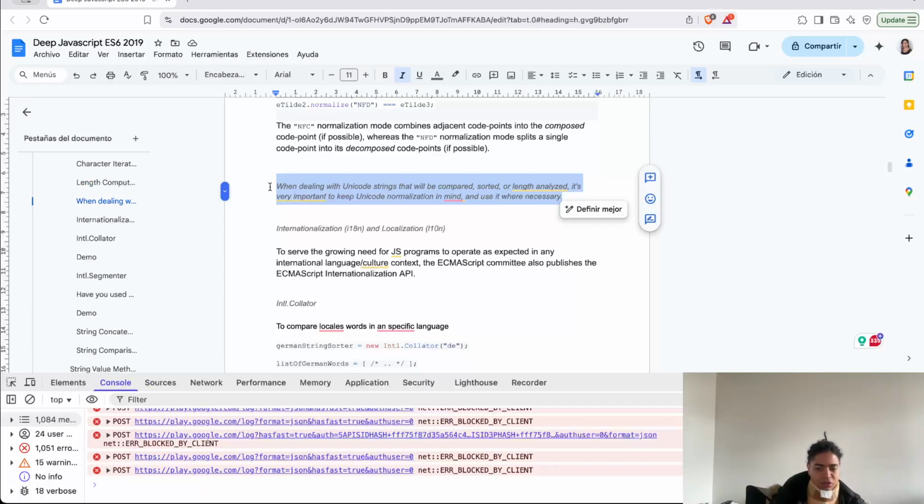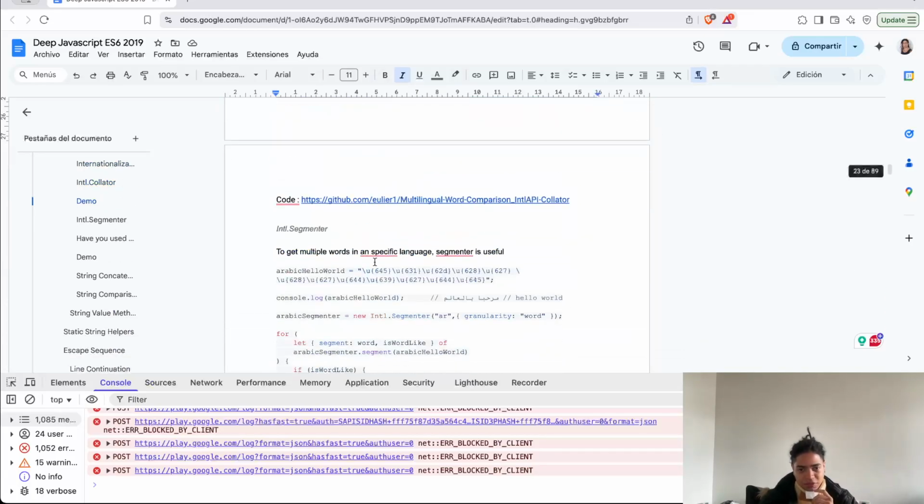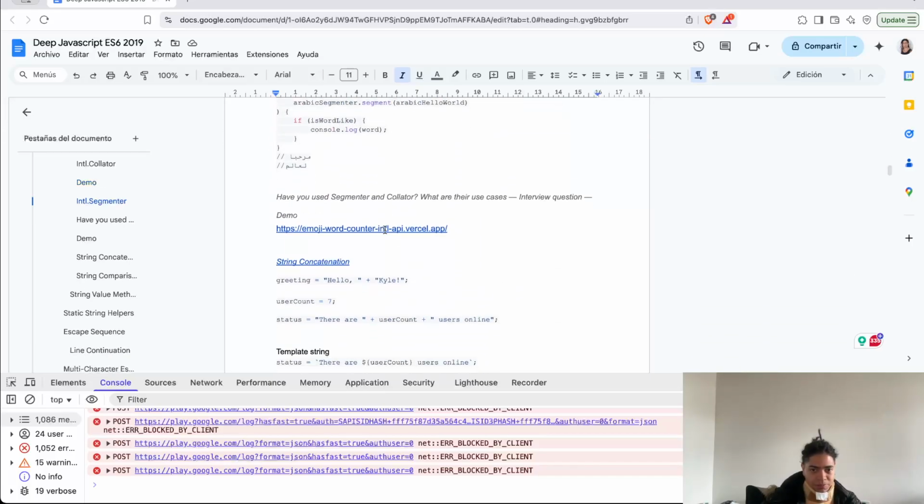The internationalization segmenter allows us to get the meaningful words. Again, it doesn't check if that word exists in the alphabet. It only verifies that a word is greater than 2 characters. So for example, we can check that out here.